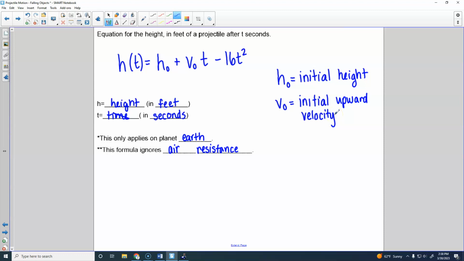So whenever we talk about doing this, it is easiest to picture if you're just shooting something straight up into the air. Because then all of its velocity is upward, right?